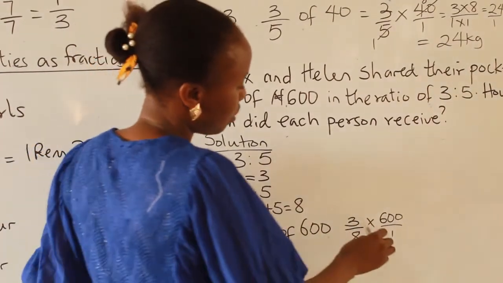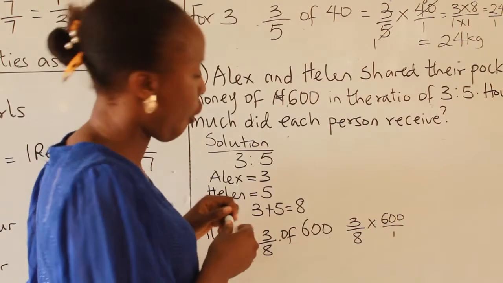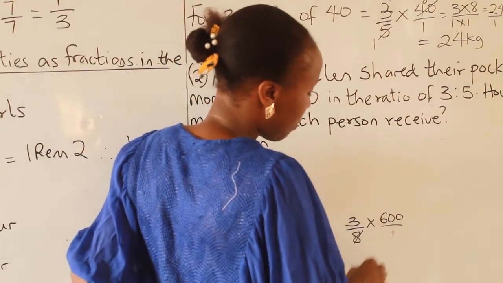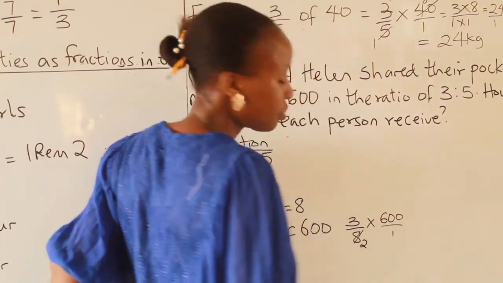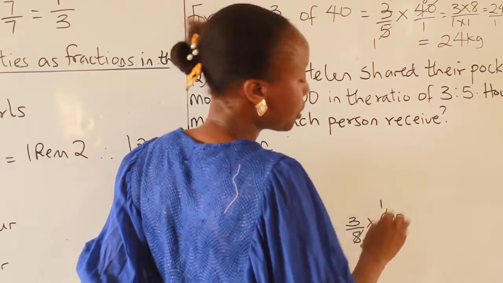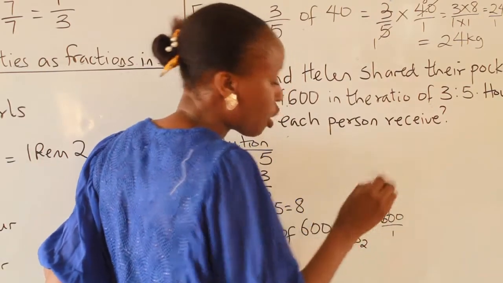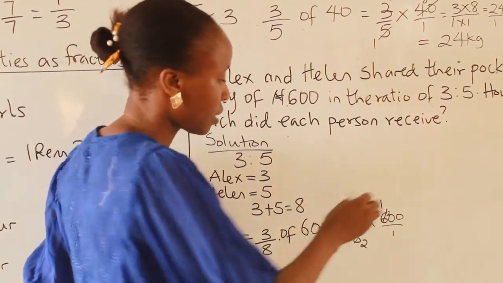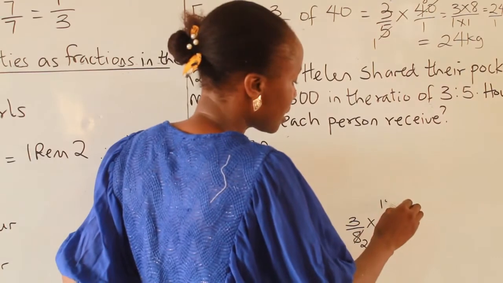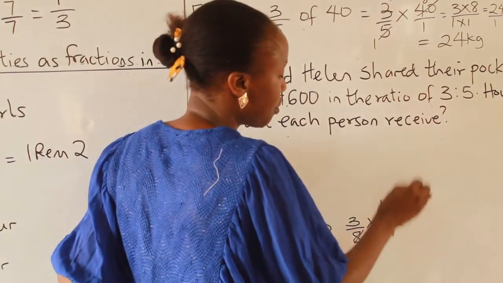I want to use 4. 8 divided by 4 is 2, and 6 divided by 4 is 1, remainder 2. I'll write my 2 here, becomes 20. 20 divided by 4 is 5, and 0 divided by 4 is 0.